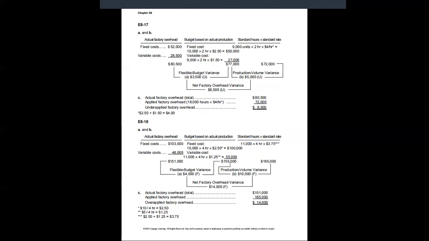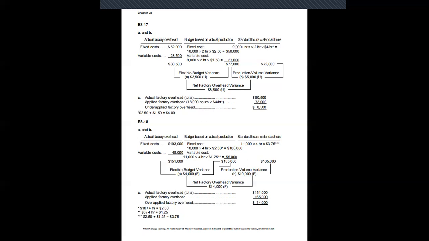The variable cost is here. We have the actual production of 11,000 units times 4 hours times 1.25, which is taken by dividing 5 by 4 hours. So that's your variable rate.